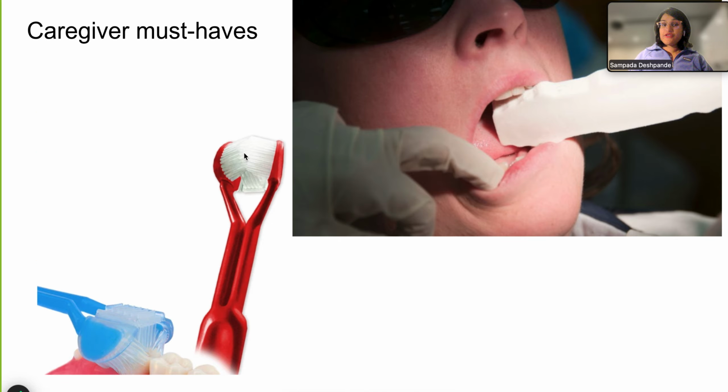This is one of my favorite toothbrushes. Lots and lots of different companies make this three-sided toothbrush, but it's perfect for when somebody's teeth need to be brushed by another person because it does the role of going on every side of the tooth at the same time quite well.